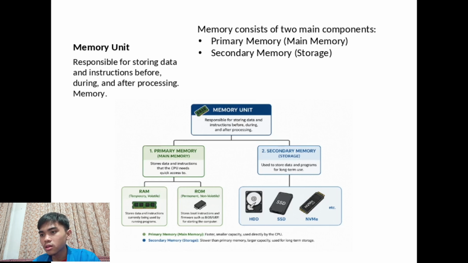In this example are RAM and ROM. RAM is used to store data and instructions currently being used by running programs. And ROM is used to store boot instructions and firmware such as BIOS or UEFI for starting the computer.